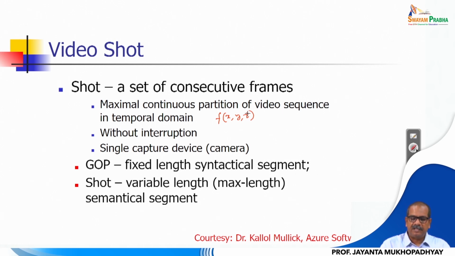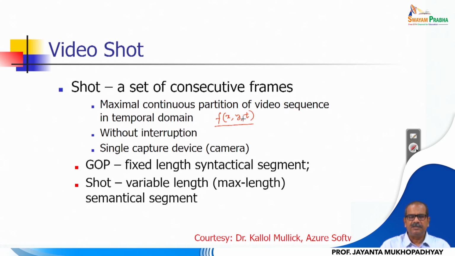Now, when we consider a shot, we consider this function to be continuous over that time interval, which means since there is no change of imaging parameters, we can consider the function also is continuous. That is the kind of real life constraint on a particular shot. But when there is a transition from one shot to another shot, then this continuity breaks down.